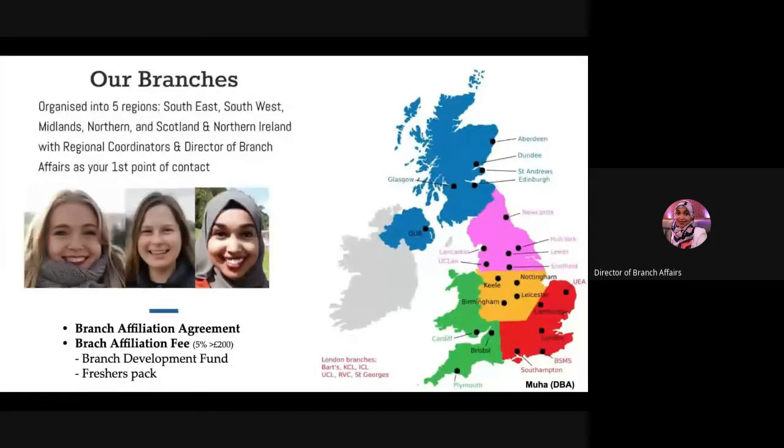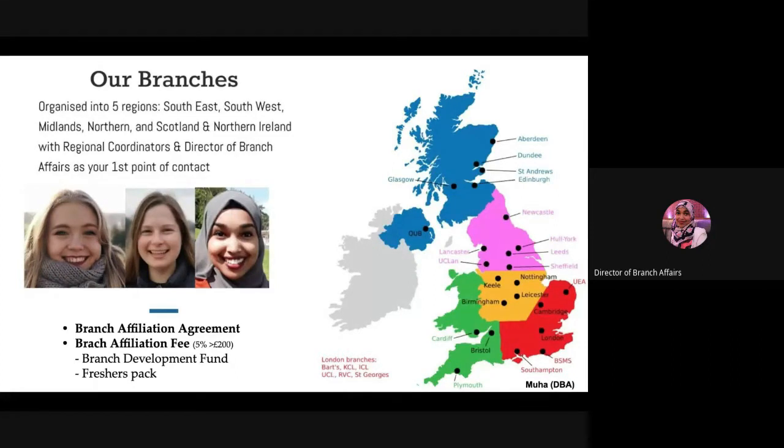Usually I send these emails directly via branch email, but recently we've realized that not all committee members have access to the branch emails for various reasons. So to rectify this and keep everyone in the committee in the loop, we will send out a form after the webinar where committee members can sign up to a local committee member mailing list. So in the future, we'll send emails to branch email as well as directly to committee members.